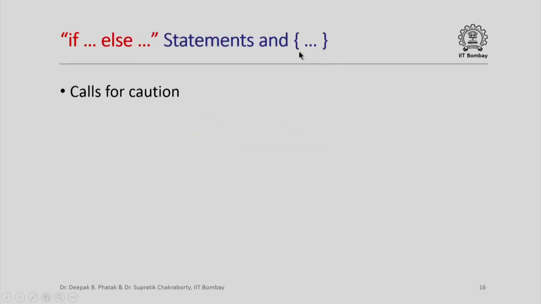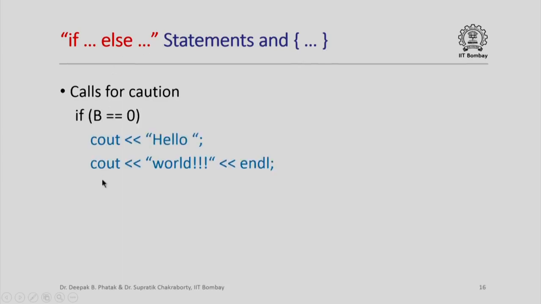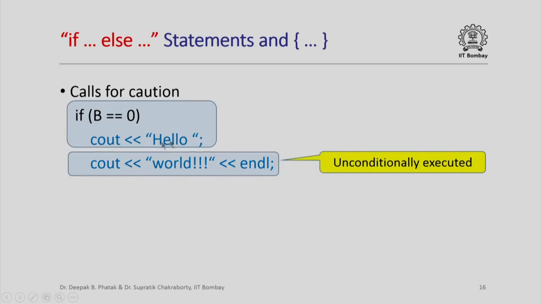Braces have to be very carefully used when you are writing if-else statements. For example, consider this program. Here perhaps the intent of the programmer was to say that if b is 0, then we should see the message hello world with 3 exclamation marks. However, if the program is written like this, this block would be construed as an if statement without an else statement, and this would be unconditionally executed.